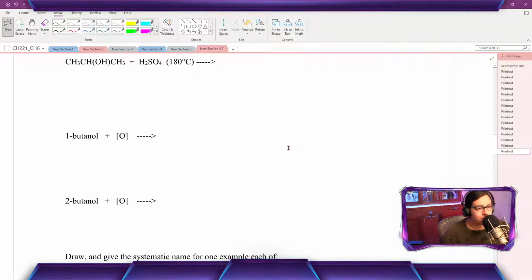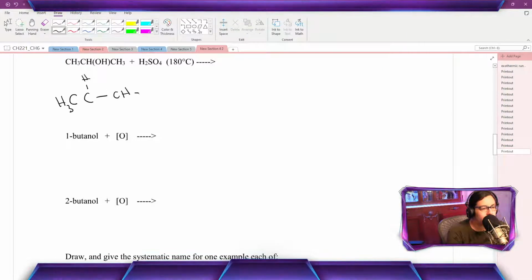So now let's try this next one out. So 1, 2, 3, just making sure I have enough carbons. Always make sure you double count your structure.